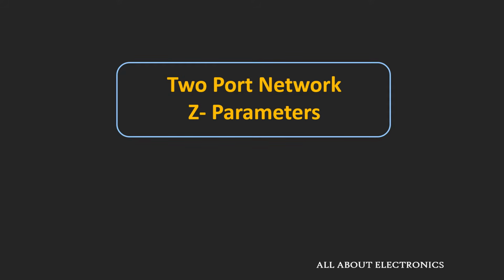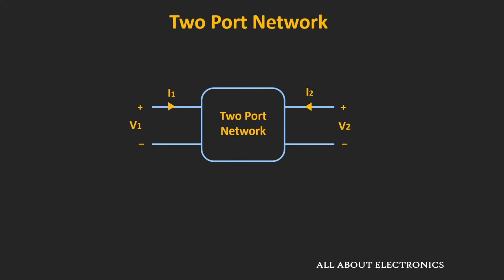So in this video, we will discuss the Z parameter of the two-port network. In the previous video, we had seen that for the two-port network there are four variables: V1 and I1 for port 1, while V2 and I2 for the second port. Out of the four variables, two are the independent variables, while the remaining two are the dependent variables.